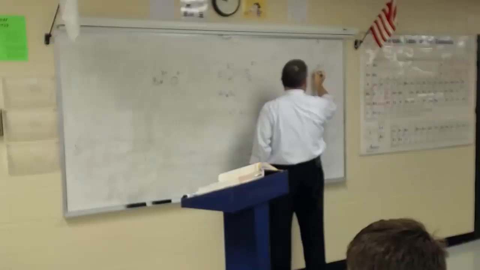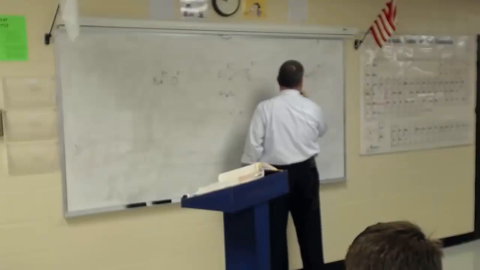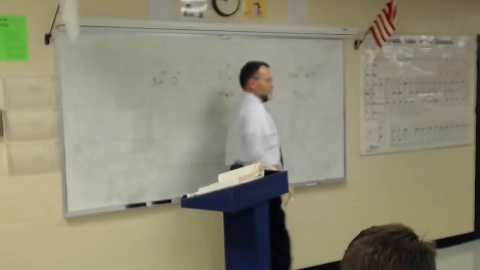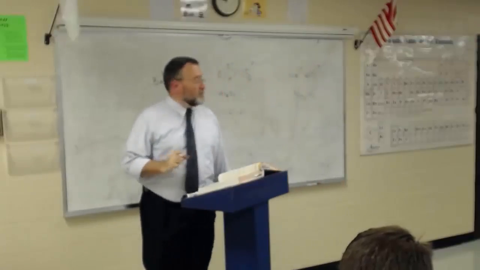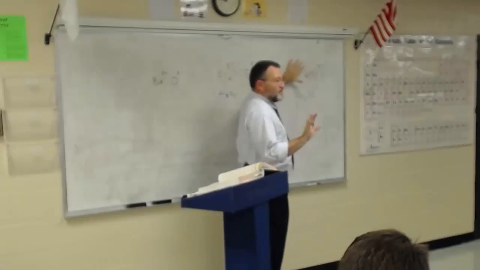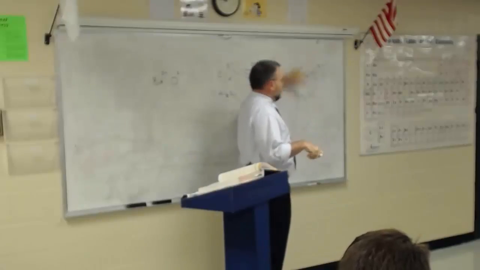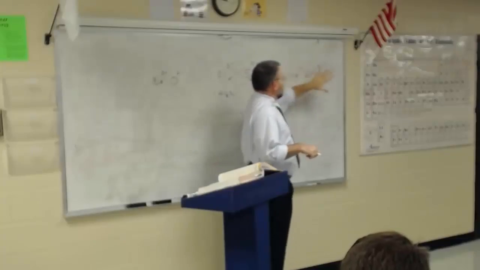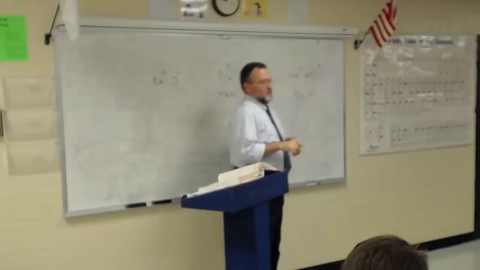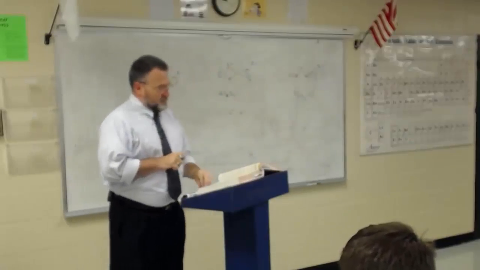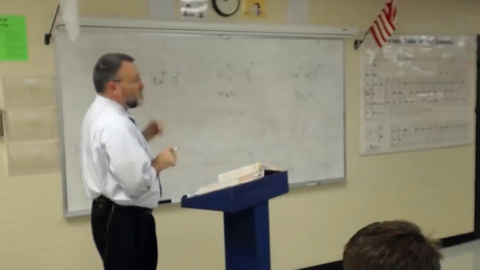So the chemical formula is Na3N. We don't write the 1. When sodium is +1 and I have 3 of them, I have a total of 3 positive charge. Nitrogen itself has a 3 negative charge, and the 3 positives cancel the 3 negatives for a neutral molecule of Na3N. Sodium nitride. Yes?